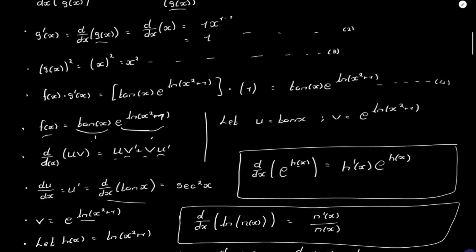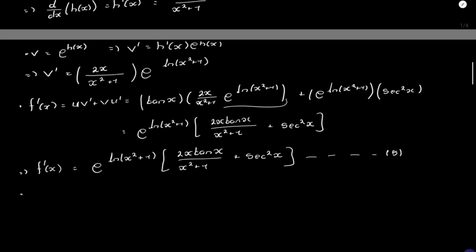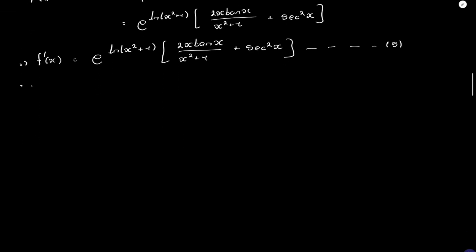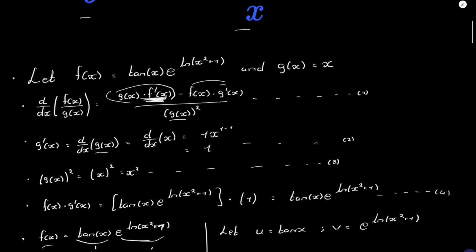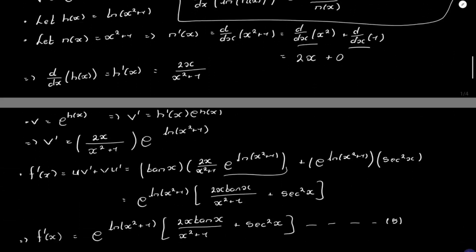So we then move on to previous equations. Why were we looking for f prime of x? We were finding f prime of x in order to calculate the term g of x times f prime of x. So now that we have our f prime of x, let us calculate the term g of x f prime of x. But first of all, what is g of x? If you can recall, this is it above here. G of x is the term x.